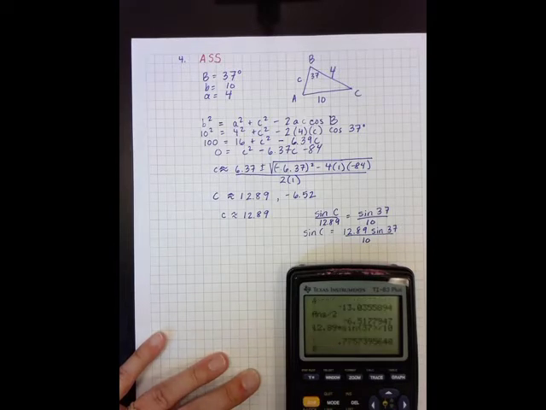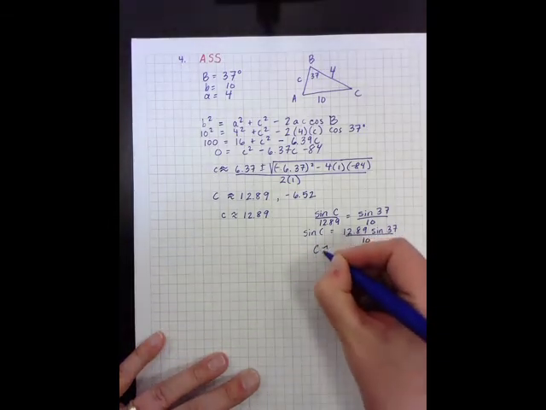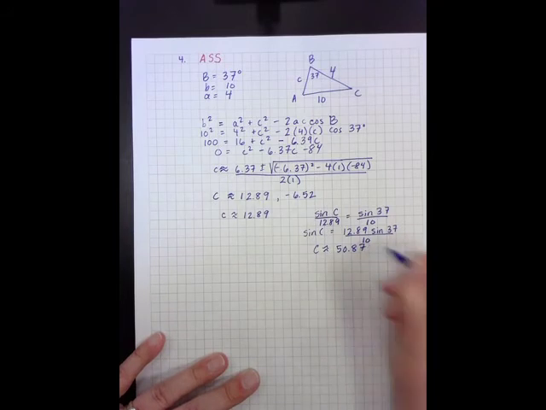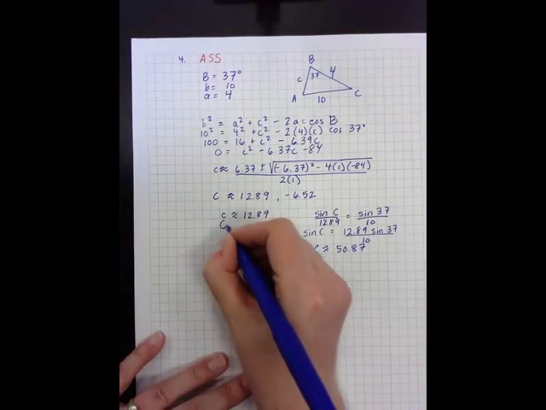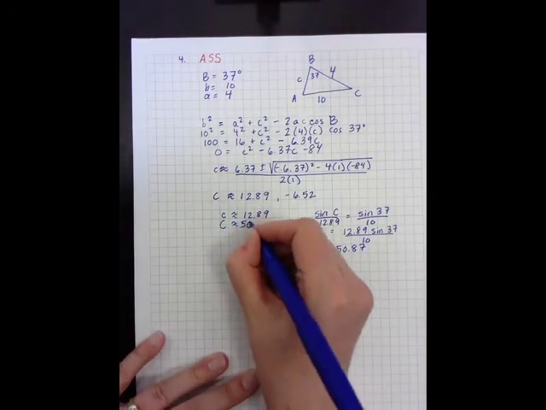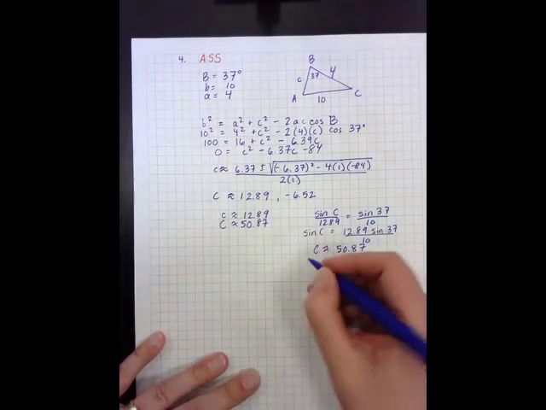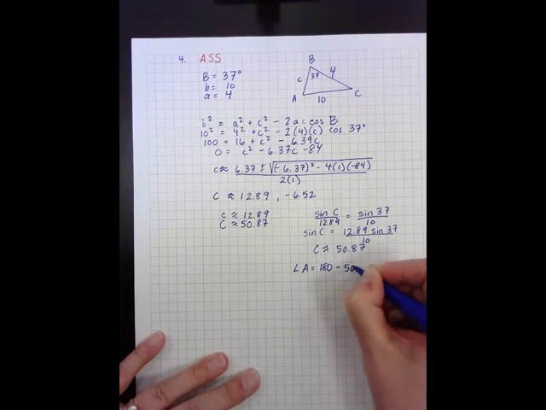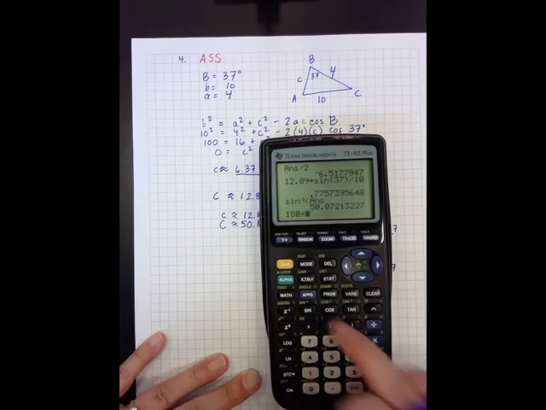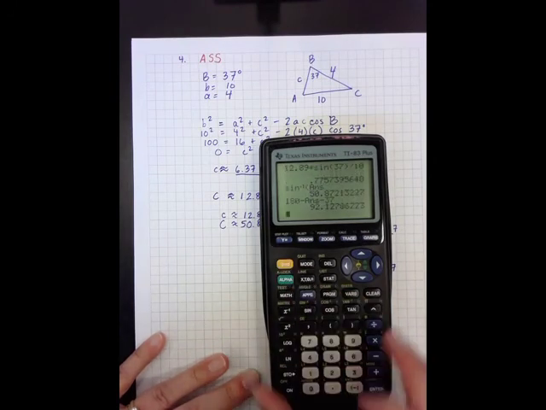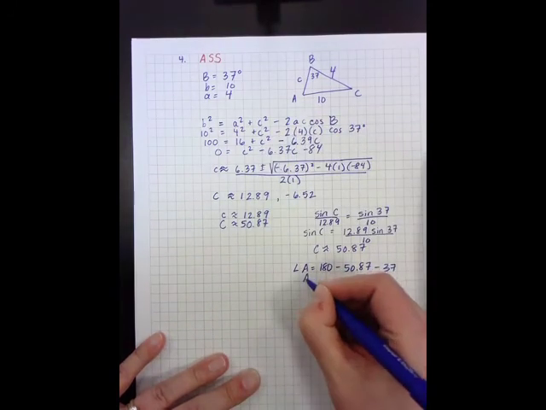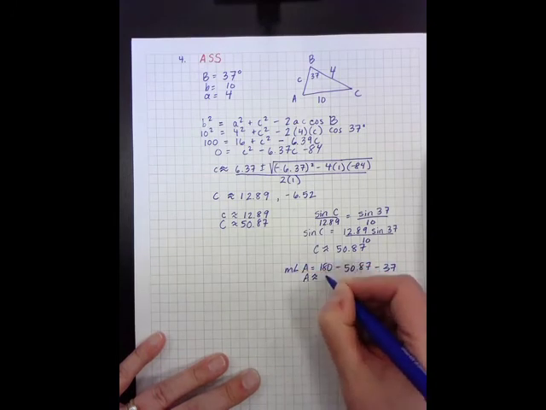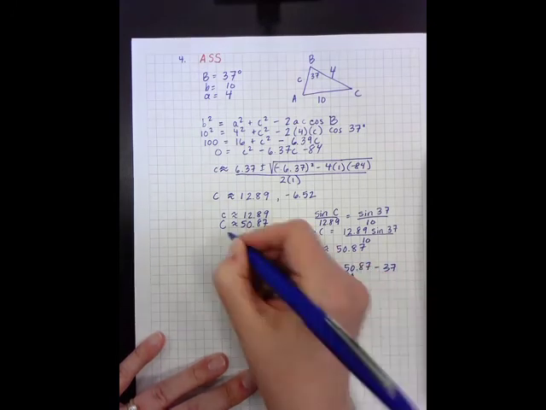And then sine inverse of that gives me C is approximately 50.87. And then to find angle A, A is going to equal 180 minus 50.87 minus 37, which gives me approximately 92.13 degrees.